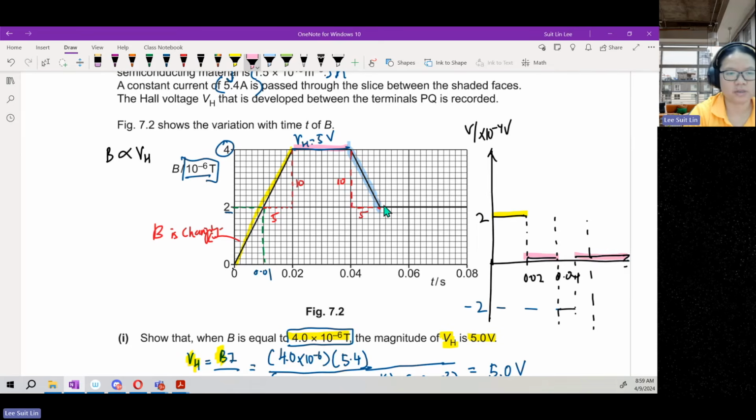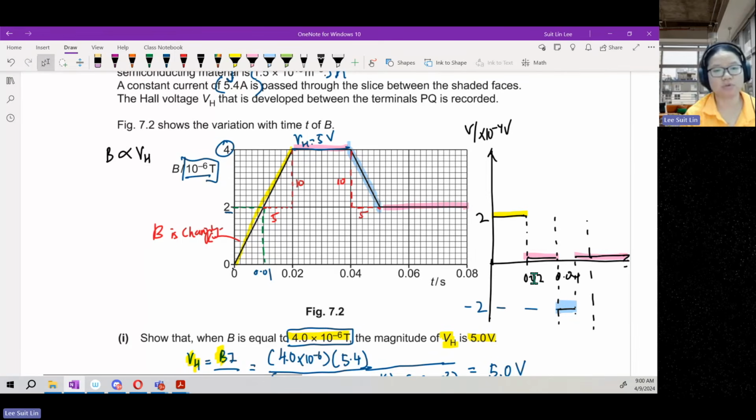Of course, you may be wondering, wouldn't the sign be opposite because of Lenz's law? For example, when this B increases, shouldn't V be in the negative direction to oppose the increase? Yes, that is accurate. It's true, but they are not so finicky about the sign. As long as this yellow and blue line are on opposite sides, it is okay.